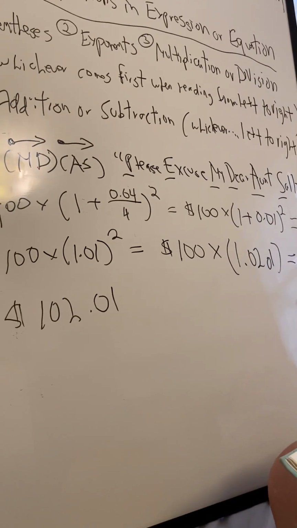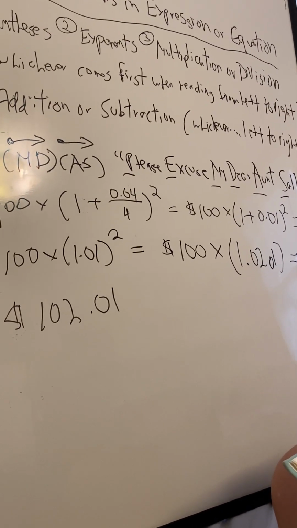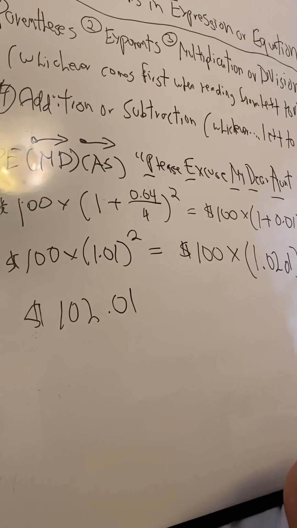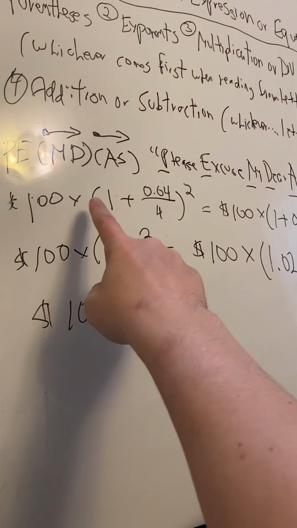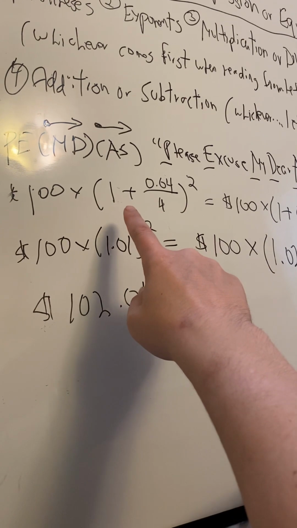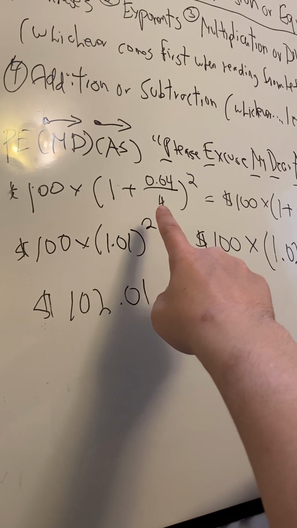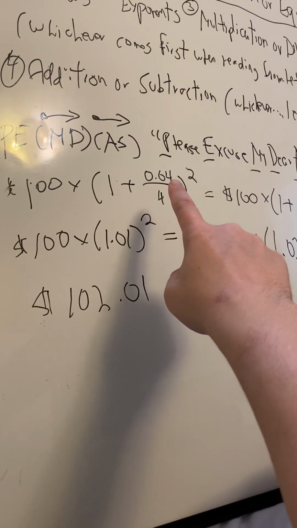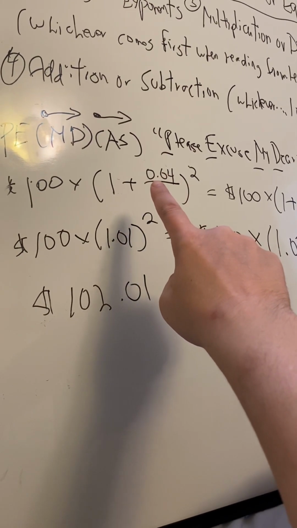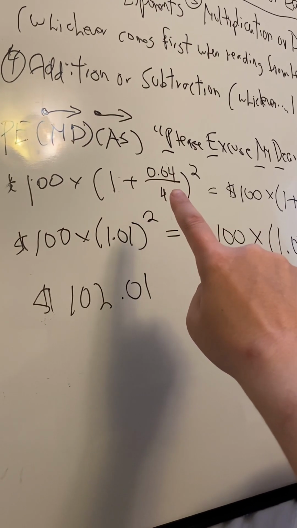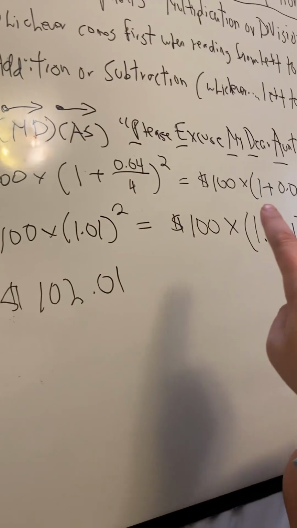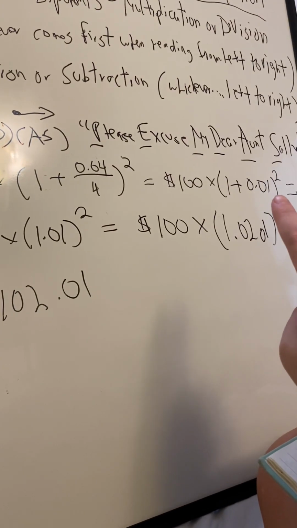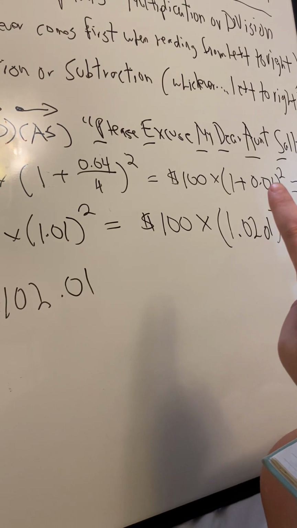So when we have something like this, the first thing we're going to do is look inside our parentheses. Now inside our parentheses, we have addition, but we also have division. So we're going to do the division part first. So we do 0.04 divided by 4, and we get 0.01.